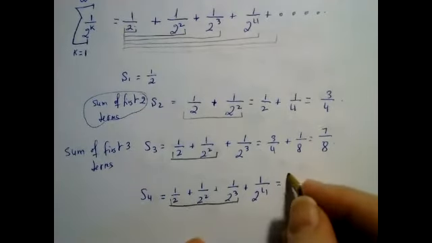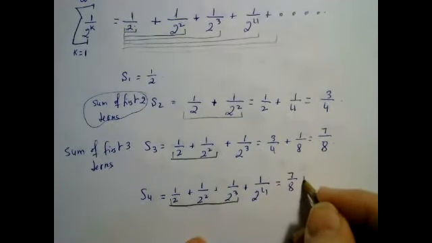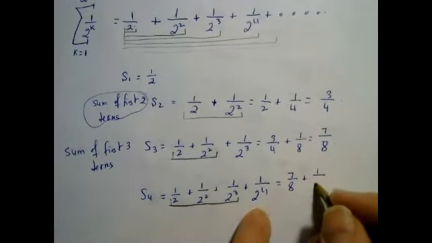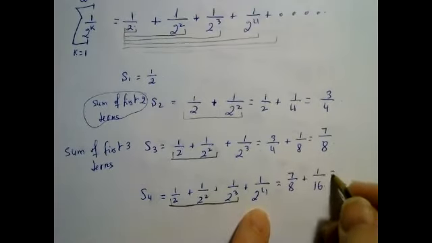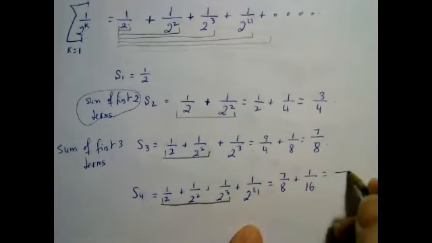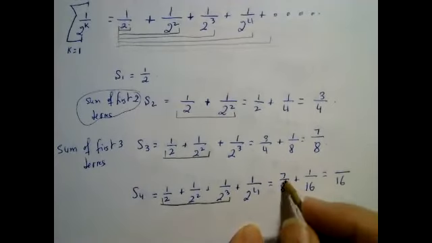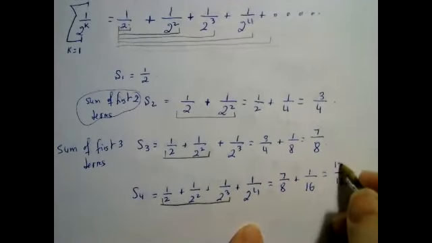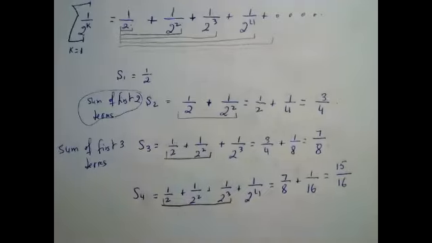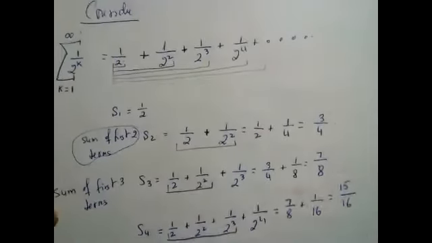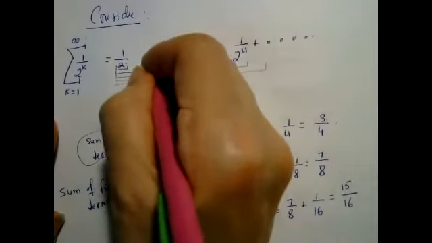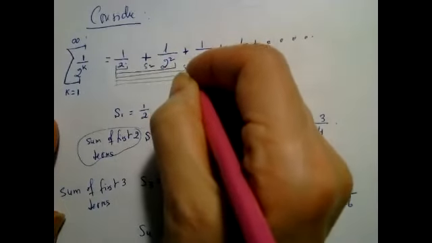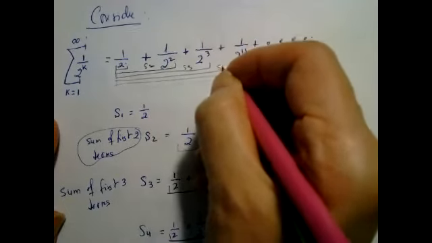This is 7 over 8, and this is 1 over 16, basically. So I'm going to end up with 16 down here. 2 times 7, we're going to get 15 over 16. So this is my S1, my S2, my S3, my S4.